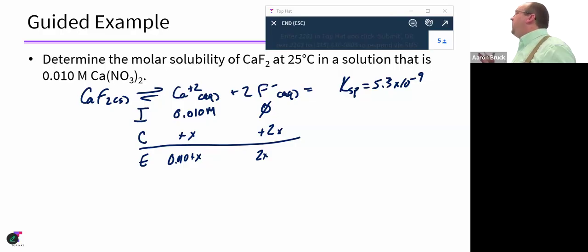Now, with the KSP value being 5.3 times 10 to the negative ninth, we're probably still okay to use the 5% approximation. I will warn you, though, because KSP expressions are not always one-to-one, and we're not always dealing with squared terms here, it's almost always a good idea to double check back if you are using 5% and make sure that your equilibrium concentrations regenerate this KSP value, or at least come close to it.